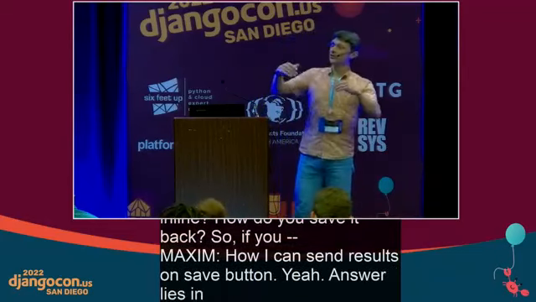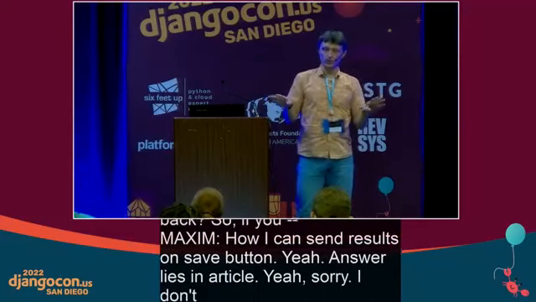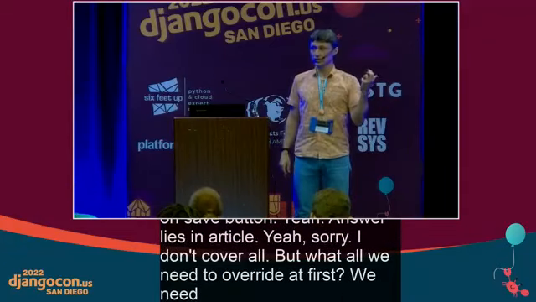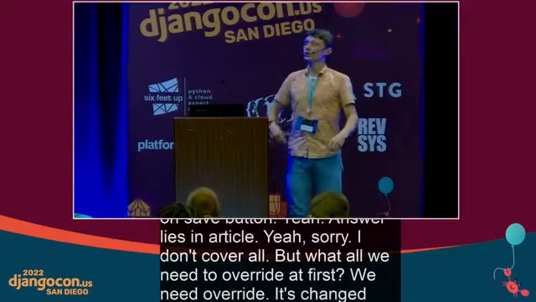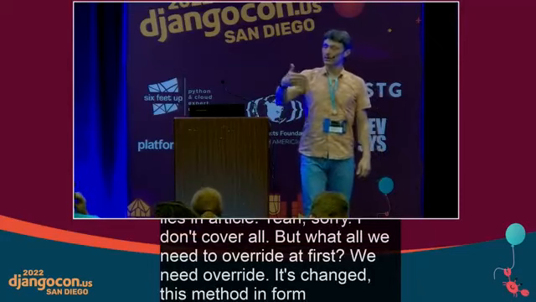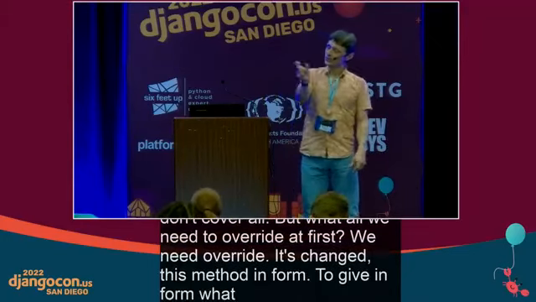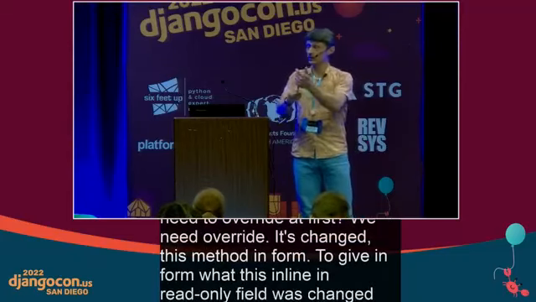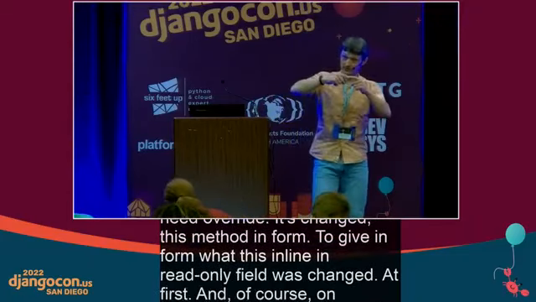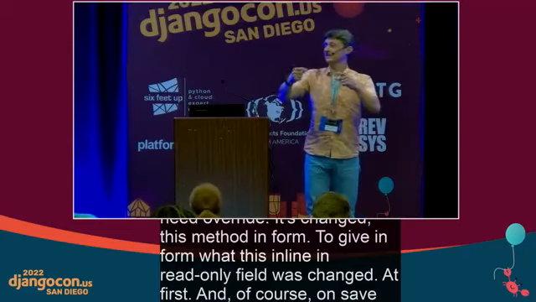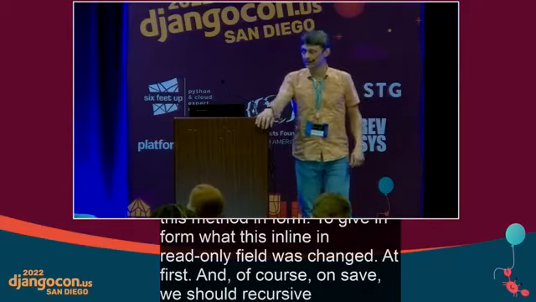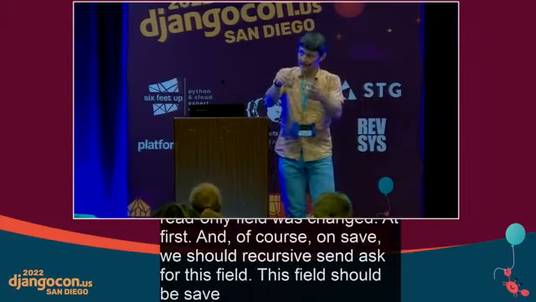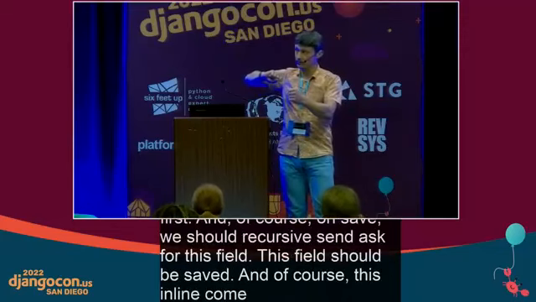Yeah, sorry, I don't cover everything. What we need to override at first is the has_changed method in the form, to give info that this inline in the read-only field was changed. And of course on save, we should recursively ask for this field, and this field should be saved. And of course, this inline comes from another view.